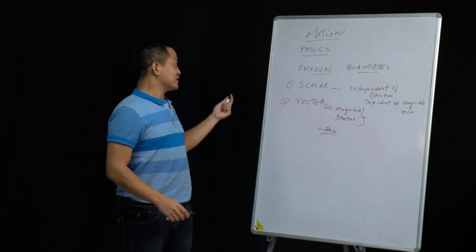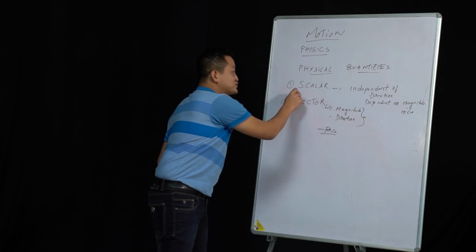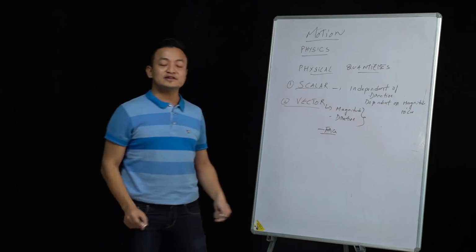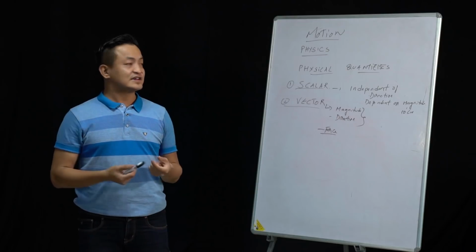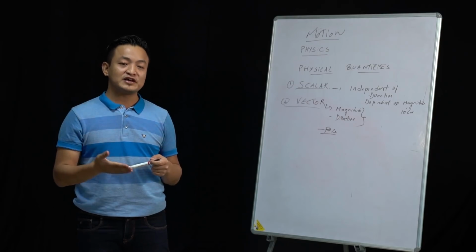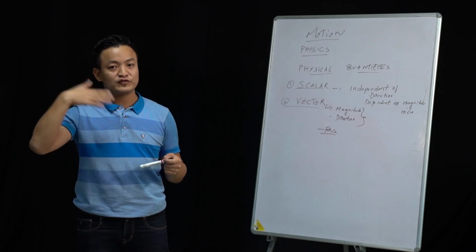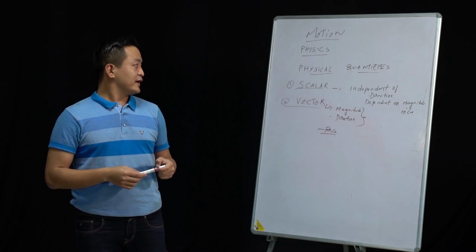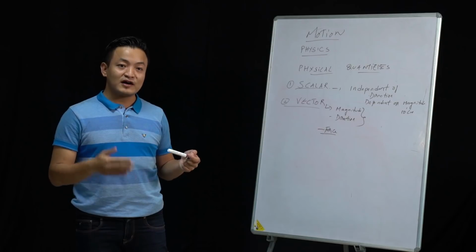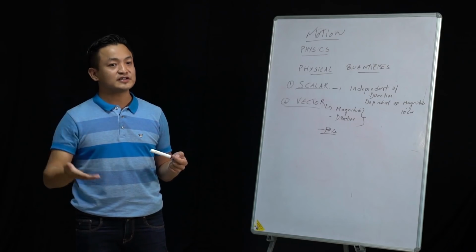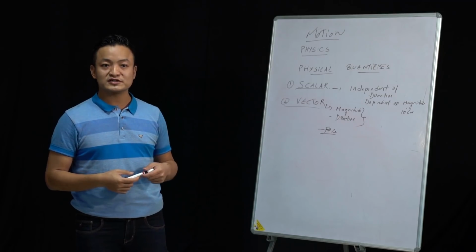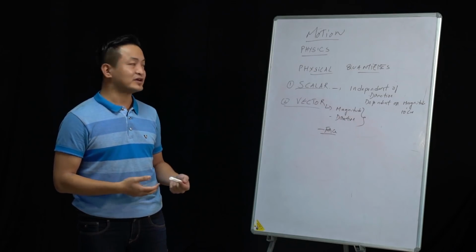So to start learning physics, first you have to know these two physical quantities, which is very important. And class 9 physics is the basic foundation for your future studies as well, because the motion which we are studying now, you will take up till class 11. Even engineering students study motion or subtopics related with motion.